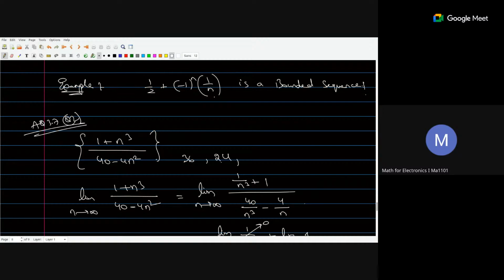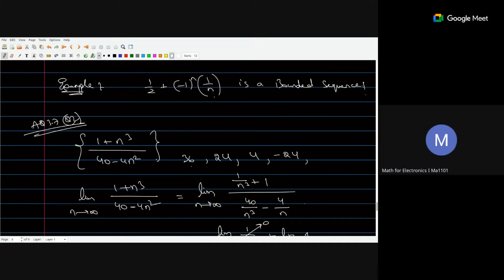When n is 3, it is 4 times 9, which is 36. So 40 minus 36 is 4.